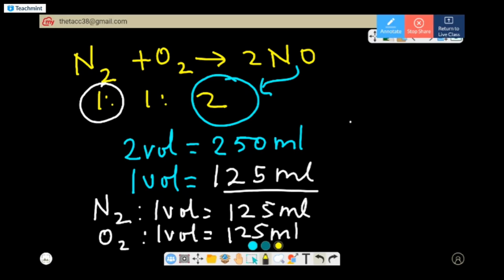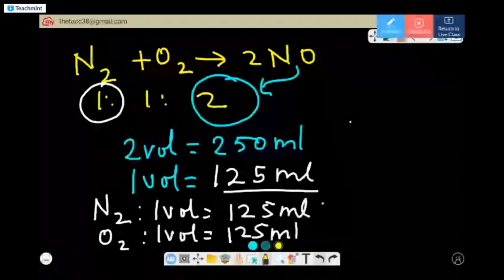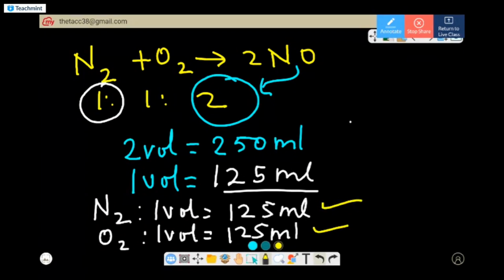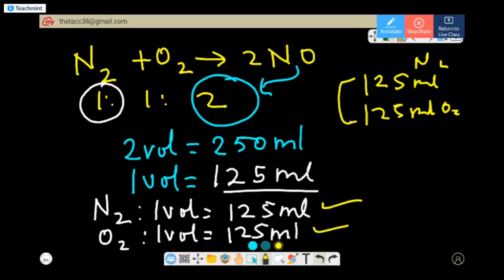They were asking how much amount of the reactants you need to take. So reactants are N2 and O2, and how much do you need to take? 125 each. That means if I have 125 ml of N2 and 125 ml of oxygen, if they are combined, it will definitely give me 250 ml of nitric oxide.